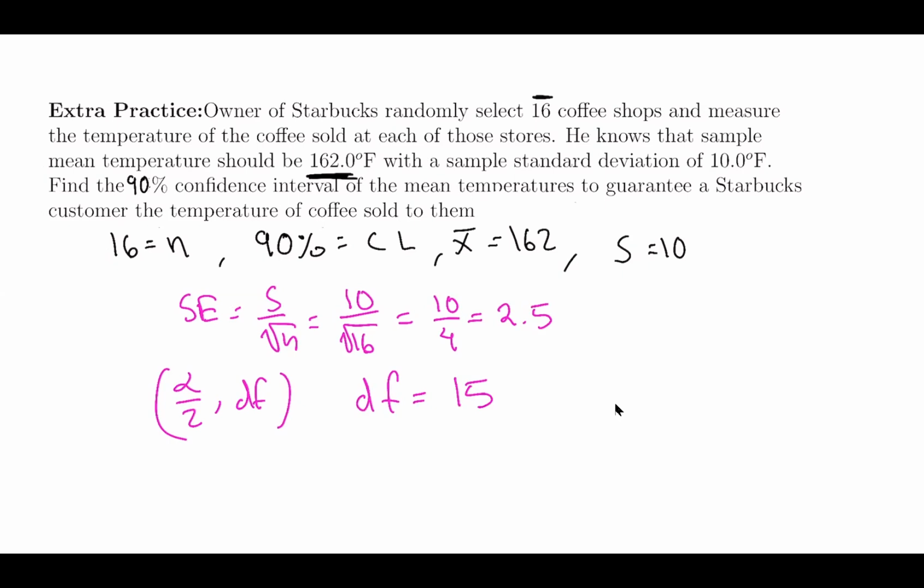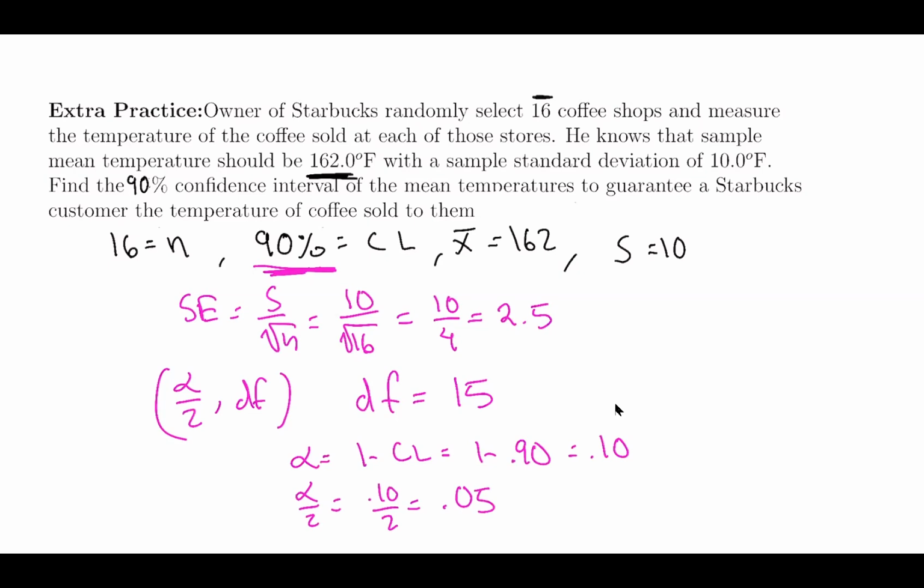For alpha divided by 2, remember, to get alpha, you do 1 minus the confidence level, which is 1 minus 0.90. And the 0.90 is coming from this 90%. So 1 minus 0.90 gives you 0.10. Now if I do alpha divided by 2, you get 0.10 divided by 2, which is 0.05.